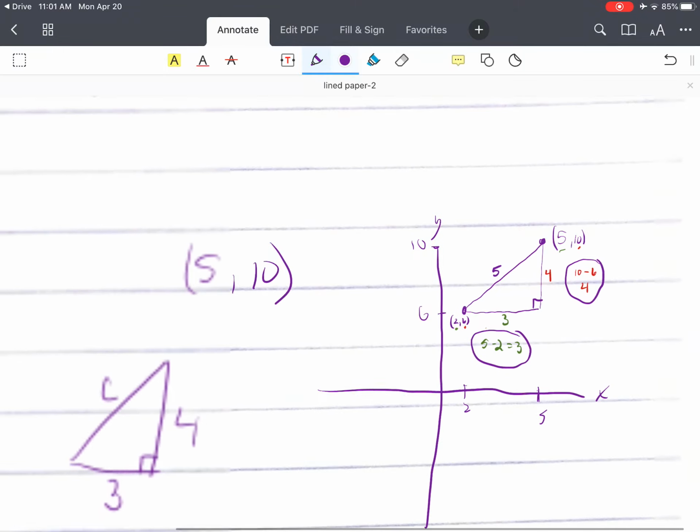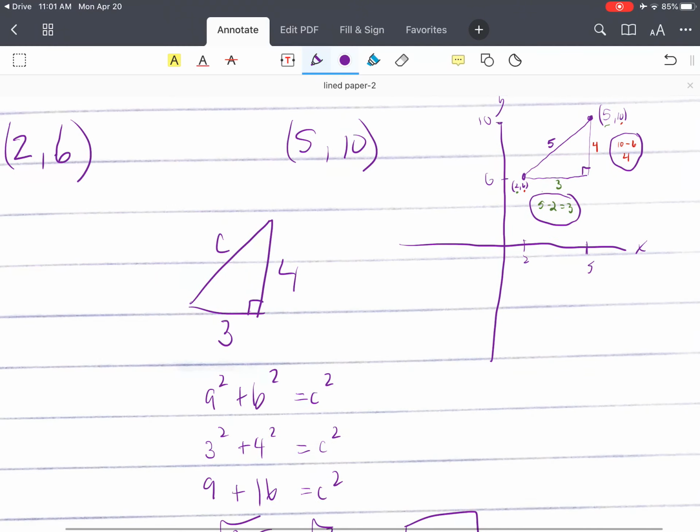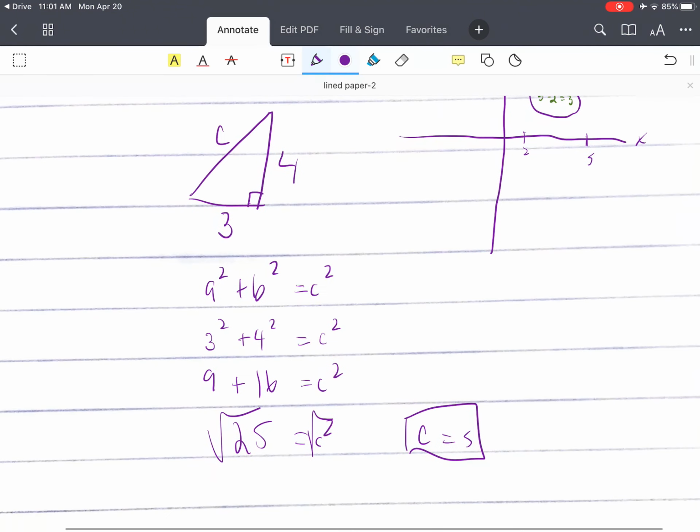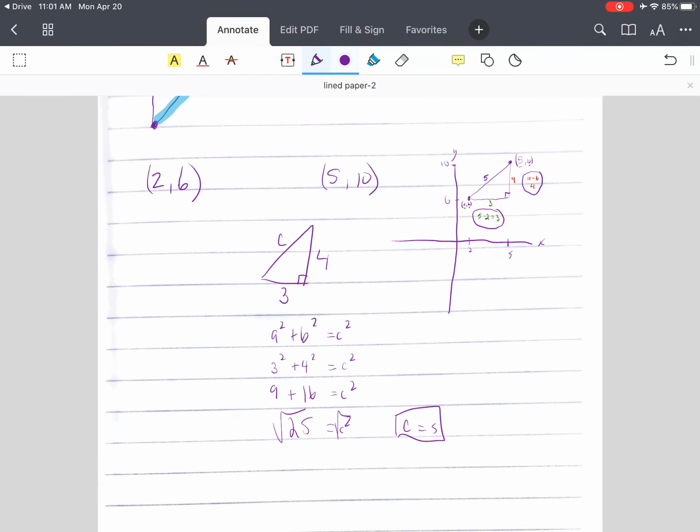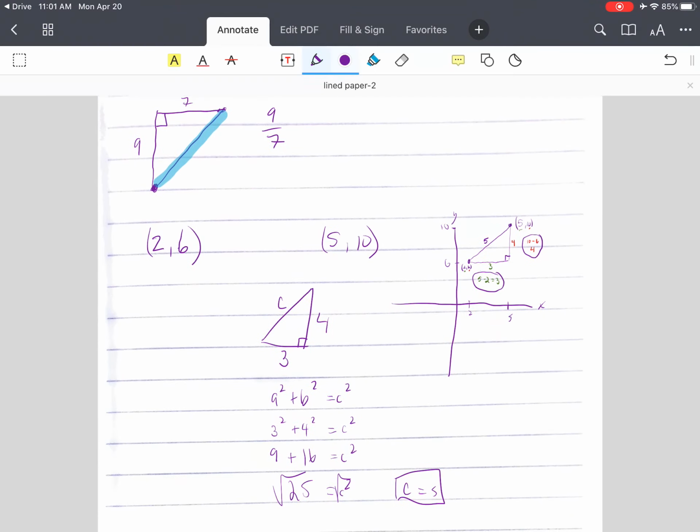Once we found those distances, we placed them into the Pythagorean theorem to find the distance. You can always do this. You can always graph the 2 points, draw the triangle, and do the same thing we just did to find the distances. But there is a formula.